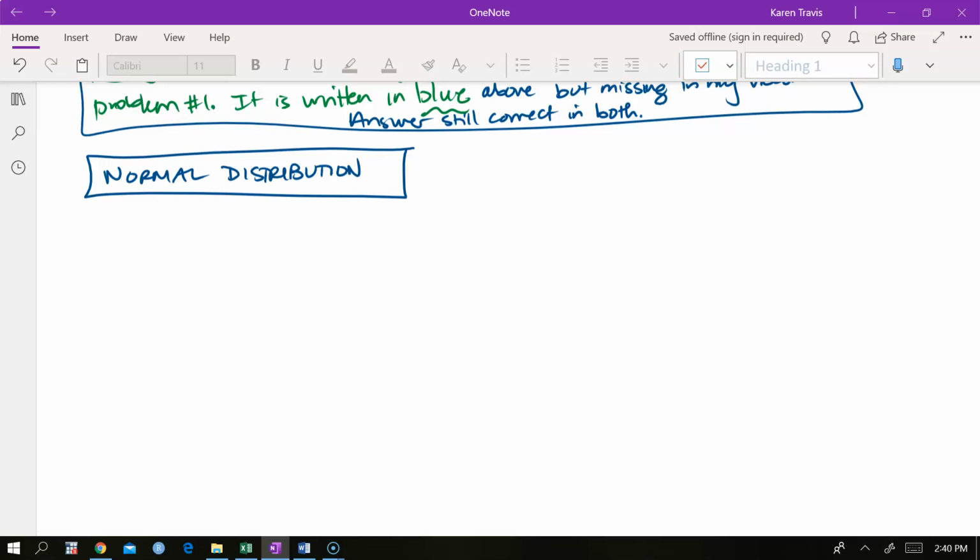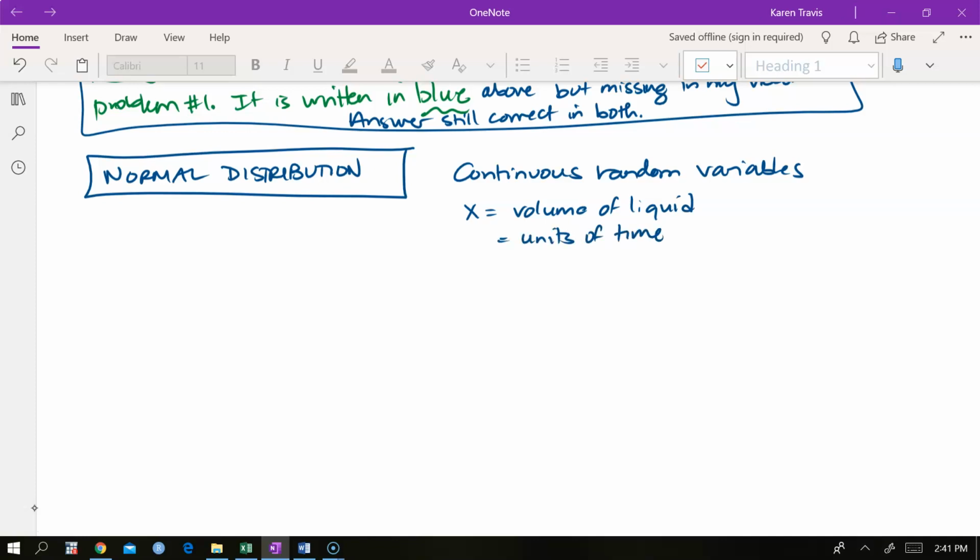You can find it. So to start this, what we're talking about is something we're going to use with our continuous random variables. We've done lots of examples so far with everything that's discrete, but now things that are continuous are going to be x, like the volume of liquid, units of time, things like weight that's measured.